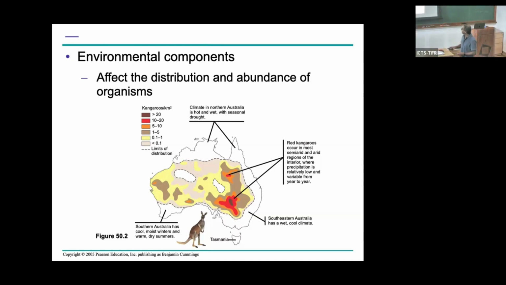So the main thing here is that this is of one species, and it's for numbers of individuals of that species. So it's the density, and you can see how the density changes depending on certain climatic factors. At least that's what they are saying. You can also see that there is an outer boundary for the species distribution.